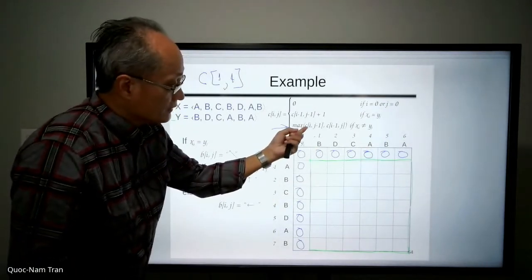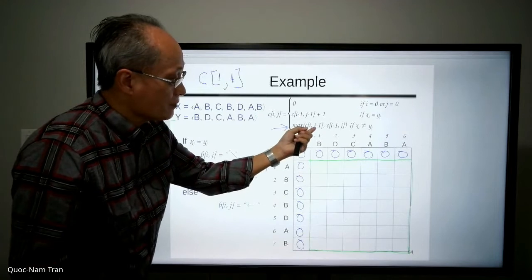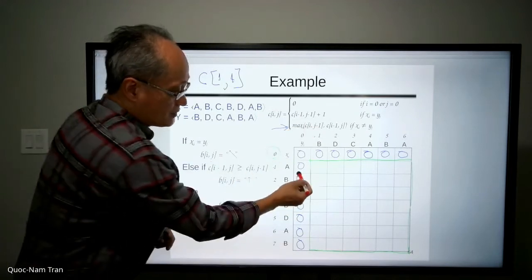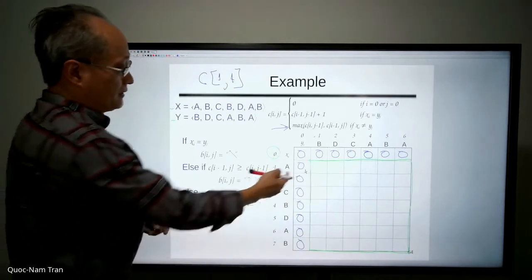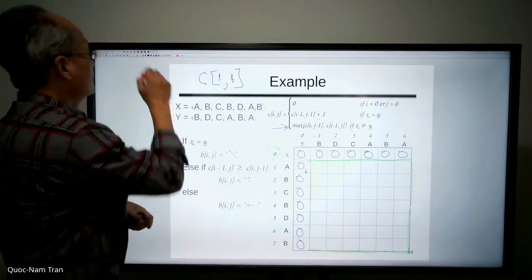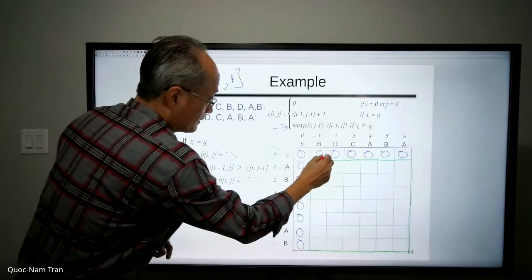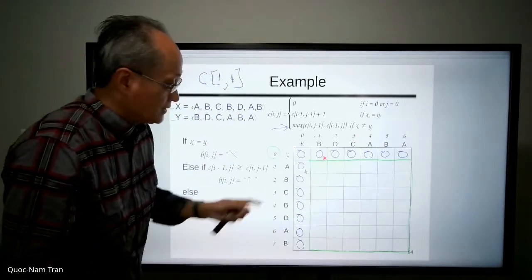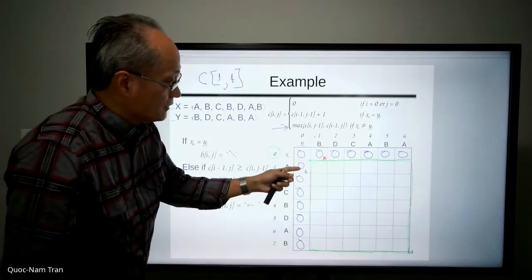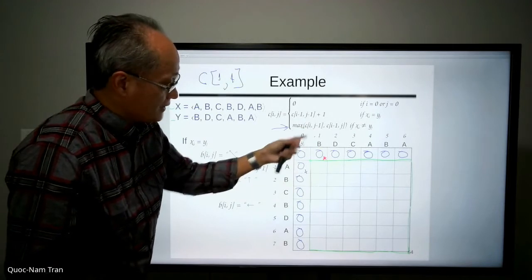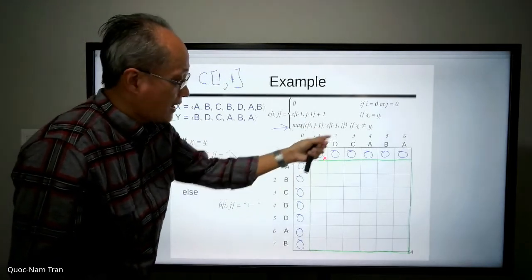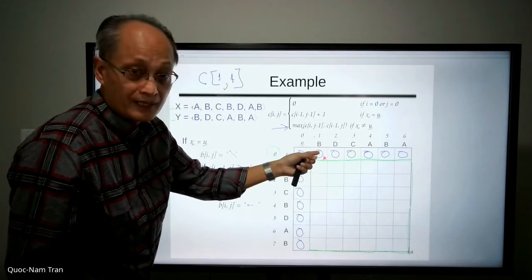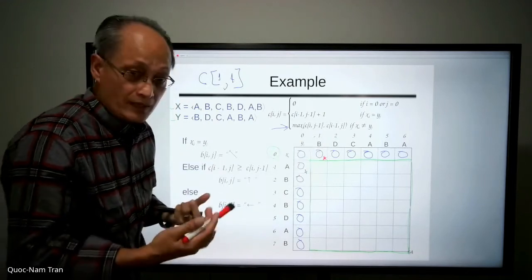We calculate this Ci, j minus 1, and then Ci minus 1, j, right? Which one is bigger?